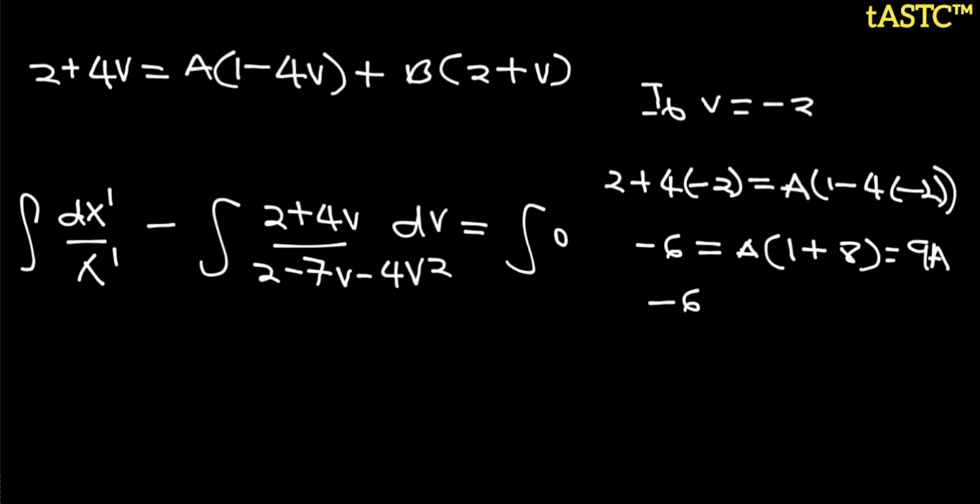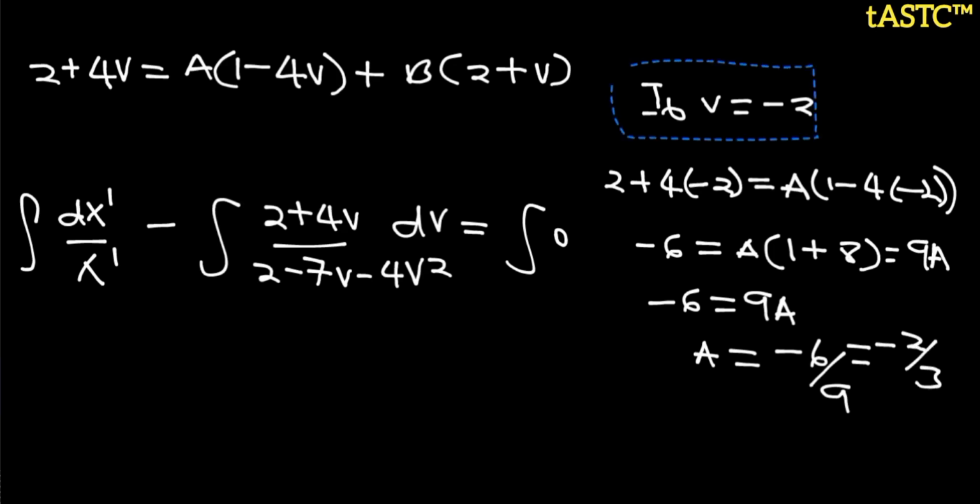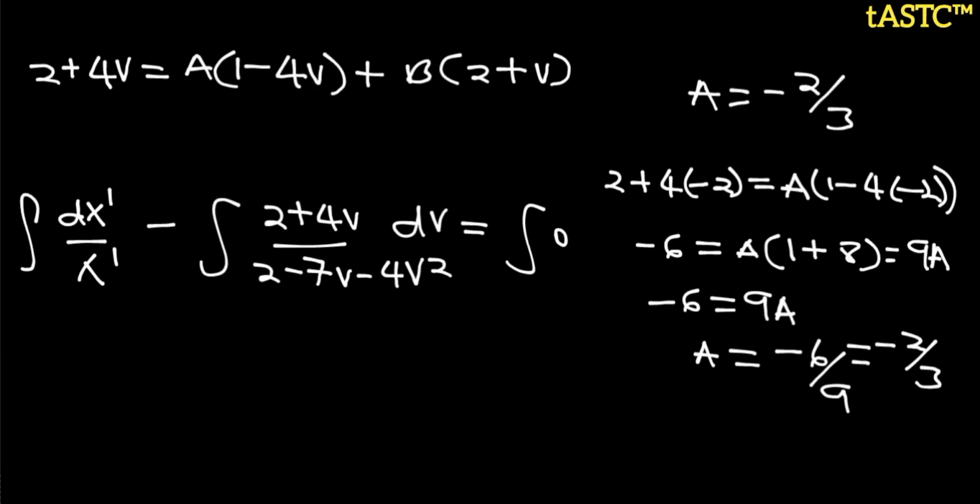So if you have a negative 6 and this equal to 9a, a would actually be minus 6 divided by 9. And this is going to be a negative 2 divided by 3. So that is what we have. A is equal to negative 2 divided by 3.